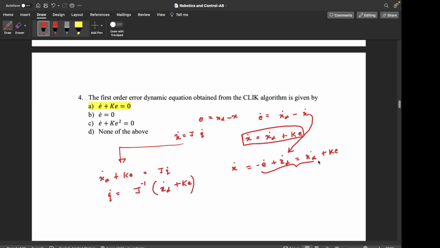So on comparing these two, what we have is e dot plus ke is equal to 0, right? So this is the first order error dynamic equation, right?